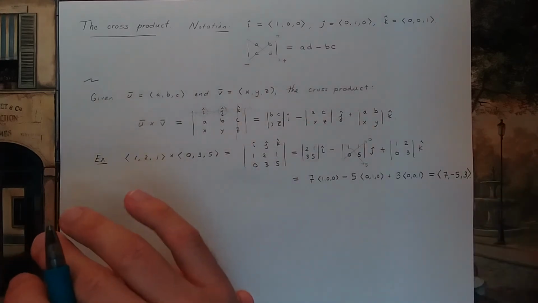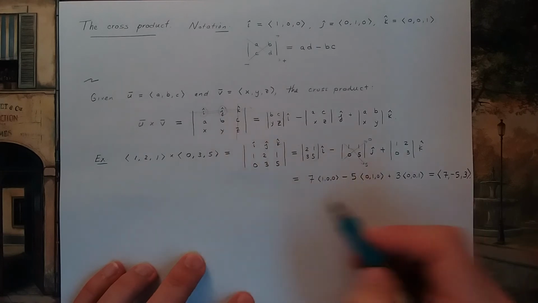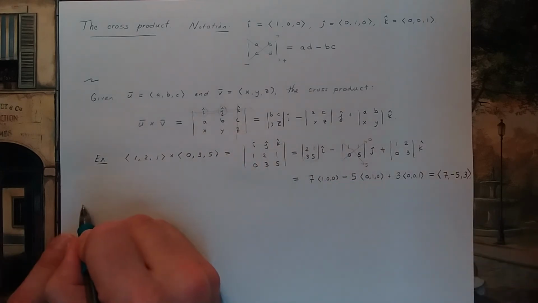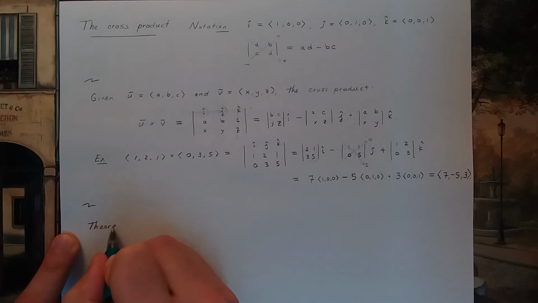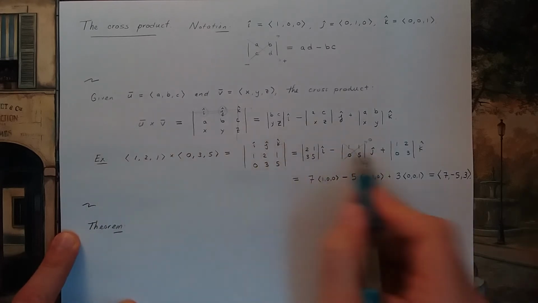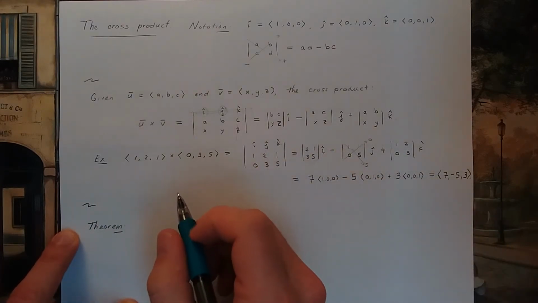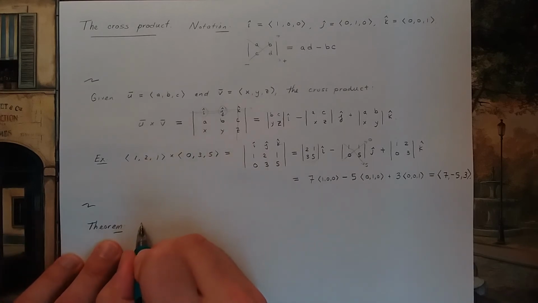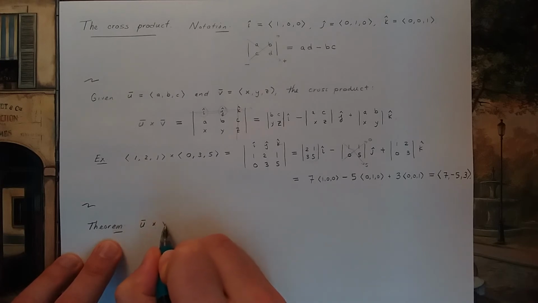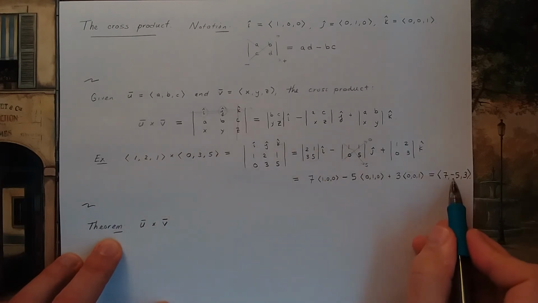But what is it doing for you? Why would you actually do the cross product? Here is the main theorem about why anyone cares about doing this really crazy calculation known as the cross product. So the theorem is, if I take the cross product of u and v, then I get a new vector.